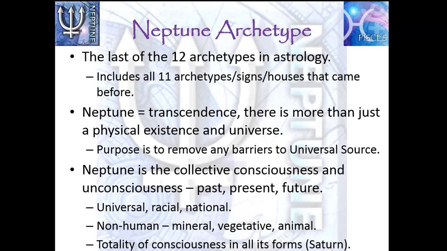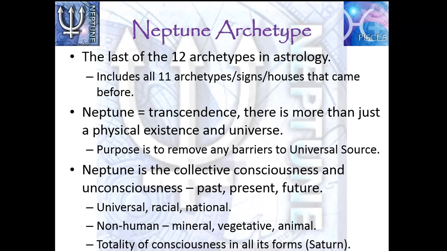This is so phenomenal. It is so important. We don't hear this a lot in astrology. Pisces contains all 11 signs that came before it. That's how big of a circle Pisces holds. 12th house does the same thing. Neptune holds all the other planetary archetypes within its own circle.